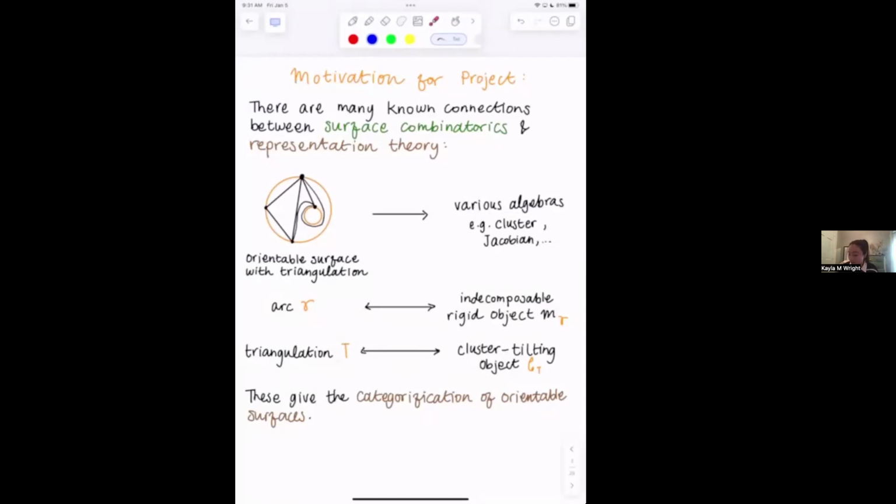For example, we have a nice correspondence between arcs on this surface and indecomposable rigid objects in the cluster category. We also have a nice correspondence between collections of arcs, triangulations, and cluster tilting objects. This is what I'm calling the categorification of orientable surfaces. And we wanted to figure out if there are any analogs for these results for non-orientable surfaces.